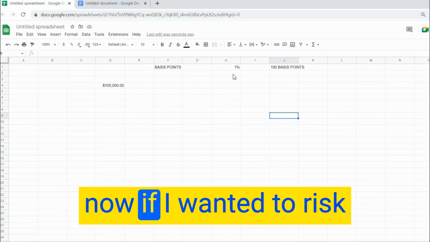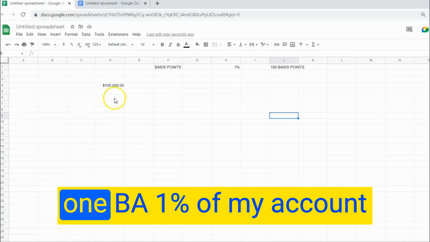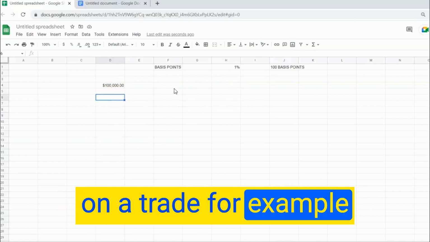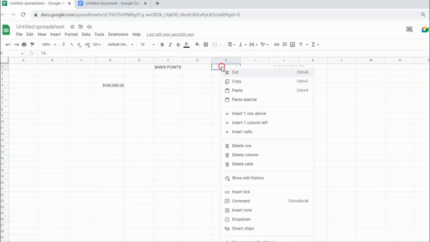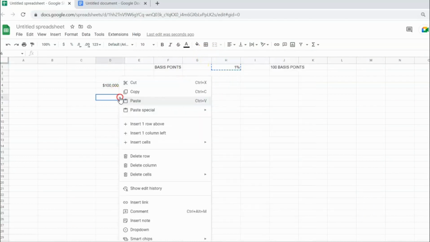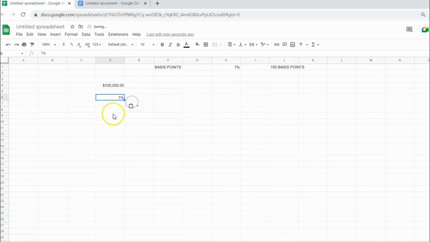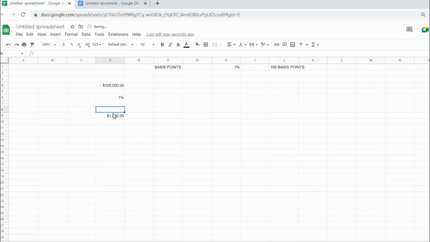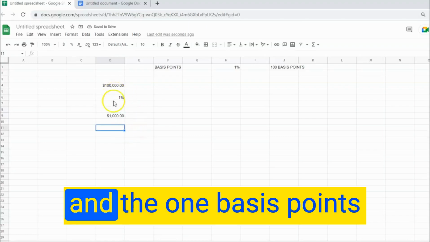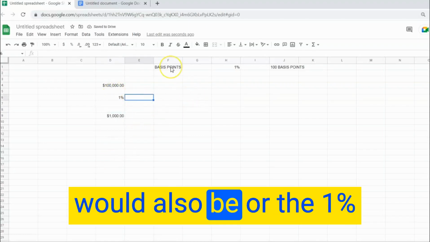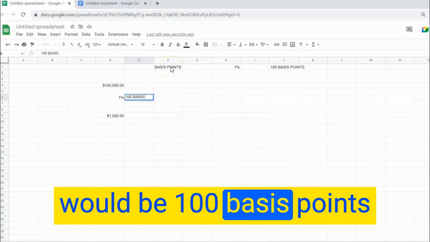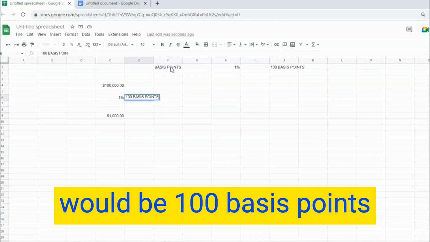So now, if I wanted to risk 1% of my account on a trade, for example, that would be $1,000. And the 1% would be 100 basis points.